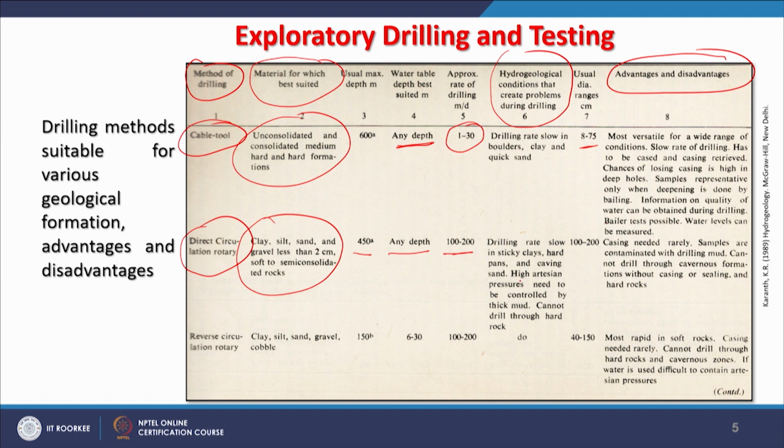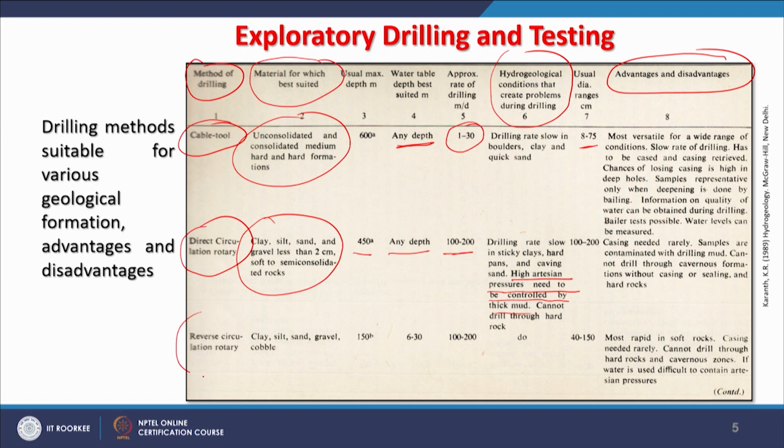High artesian pressures need to be controlled by thick mud, which is sent in to retrieve the material being cut. Casing is not really needed in such cases because the rocks are semi consolidated, so you save that cost. The samples are contaminated with drilling, and it cannot drill through carbonaceous formations without casing or sealing, or in hard rocks. So, that is the disadvantage in the last part.